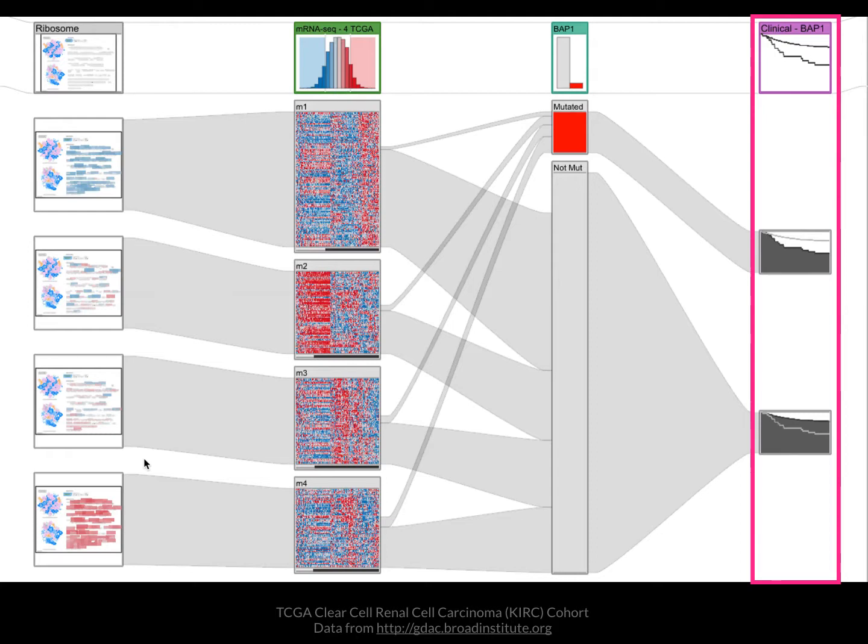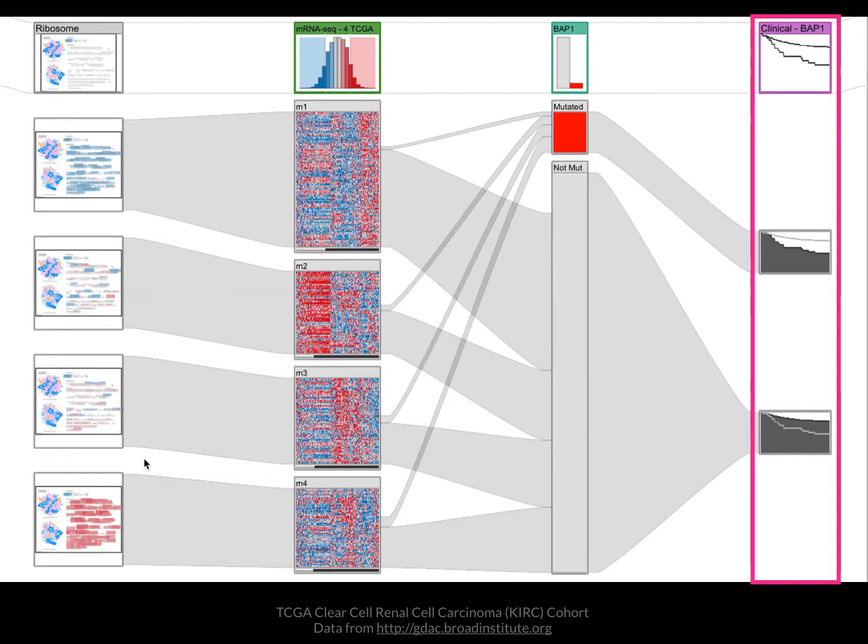In order to figure out what these stratifications mean and what impact they have, we can incorporate other information. For example, in this column we have patient survival data. How long did they live after they were diagnosed? That's a Kaplan-Meier plot. Many of you will be familiar with this type of visualization.